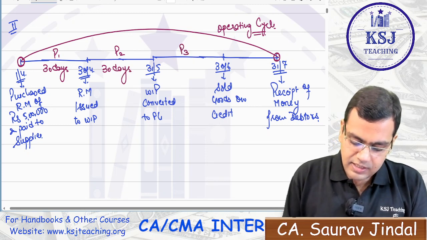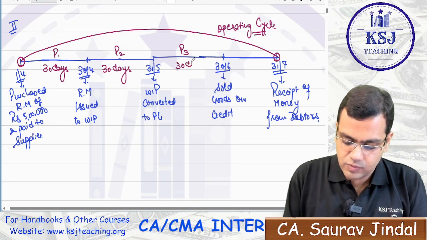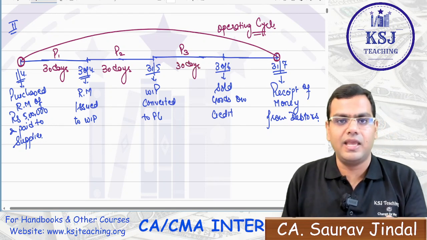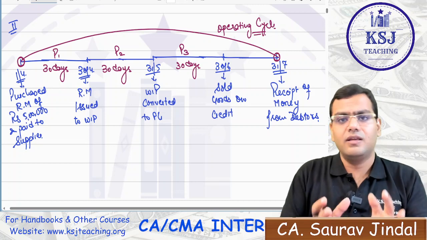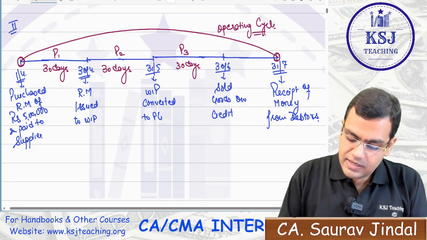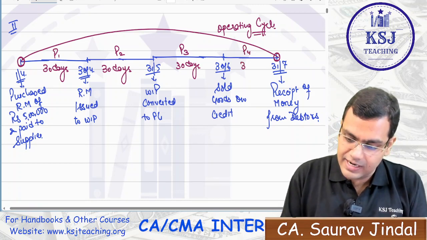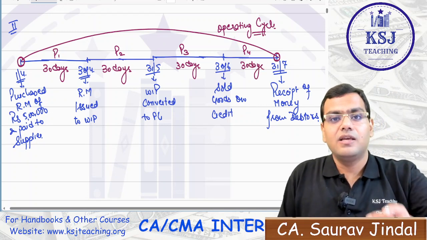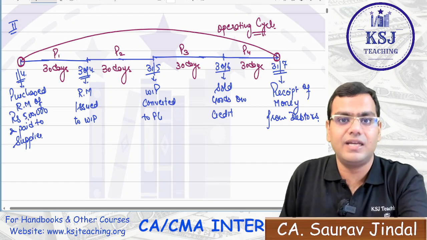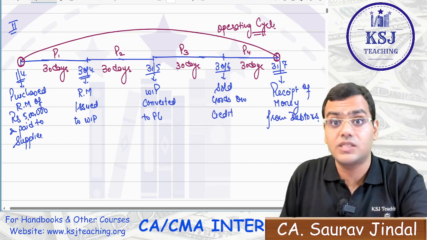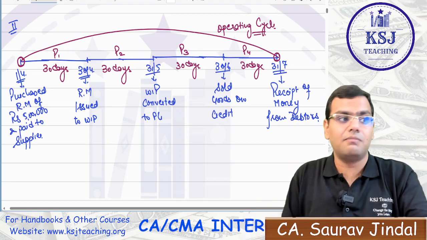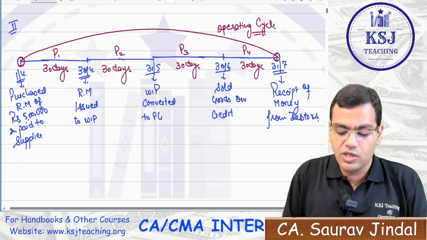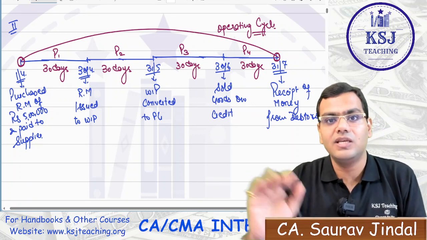P3 is 30 days, another 30 days, when the goods are ready, but they are lying in your warehouse awaiting dispatch. Right? Now here we are adding P4, another 30 days. This 30 days represents that you have created your debtors, by selling the goods, but you have not yet received the money for these 30 days. Now your operating cycle has increased by 30 days.